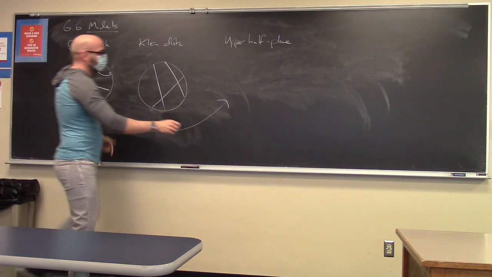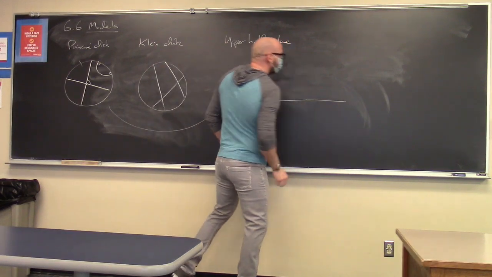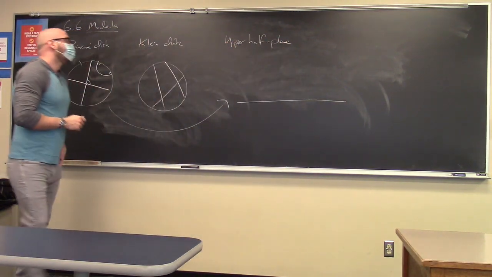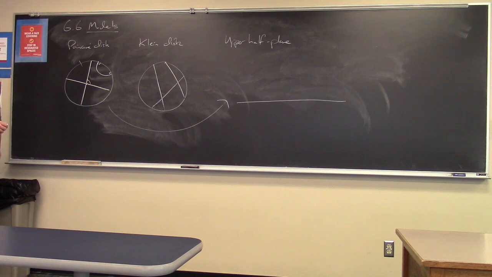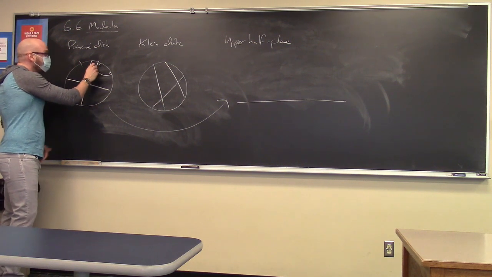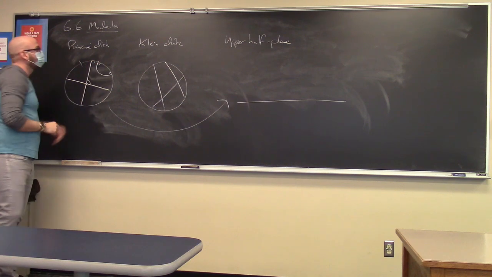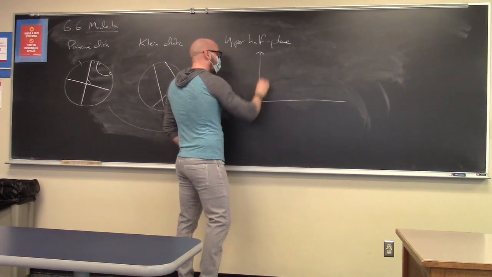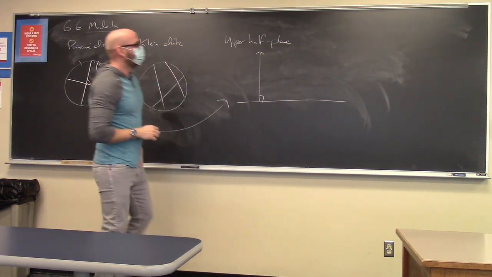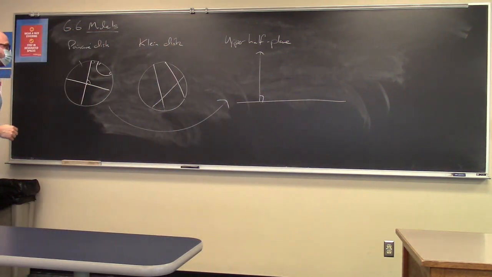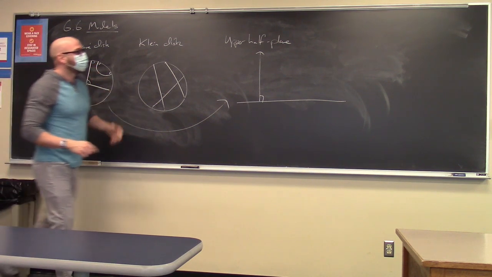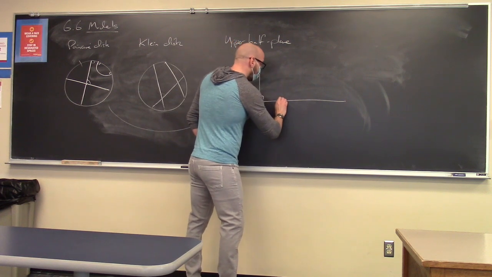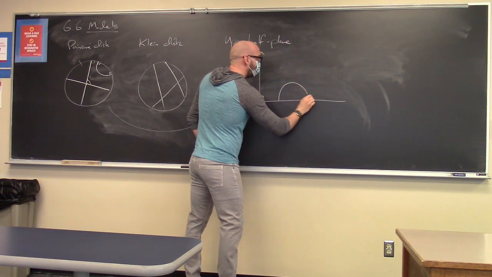So the boundary of the disk becomes the x-axis. And my straight lines are still curves that are orthogonal to the boundary, right? So I've still got straight vertical lines, because those form right angles with the x-axis. And I still have semicircles that intersect the boundary orthogonally, which in this case happen to be semicircles centered on the x-axis.